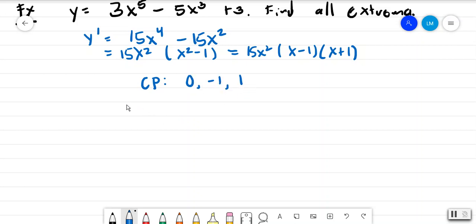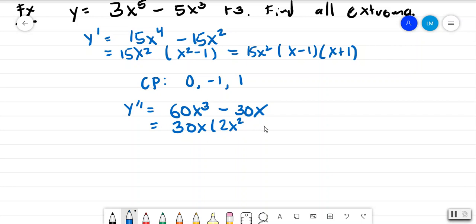But let's say that we go ahead and find the second derivative, which is going to be 60x cubed minus 30x. Now we can factor this and say we have 30x times 2x squared minus 1.